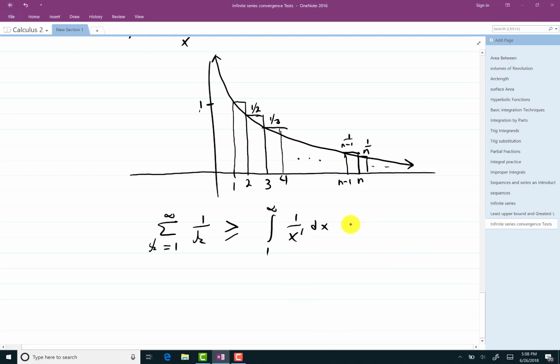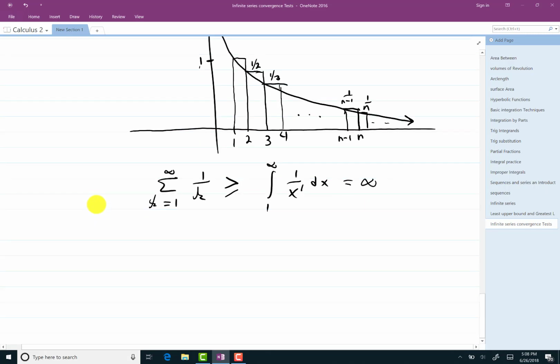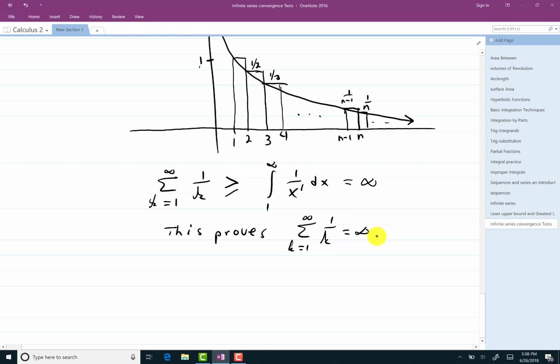We know that this already equals infinity. This does not converge. And here you've got something that is more than this particular integral. So this proves that the sum from k equals 1 to infinity of 1 over k does in fact equal infinity. But what this method does is provide us with an interesting test.